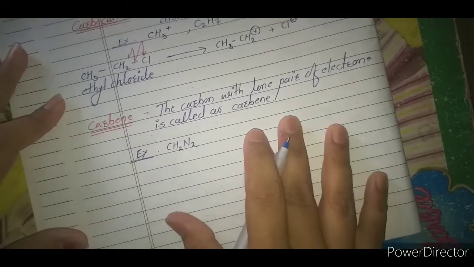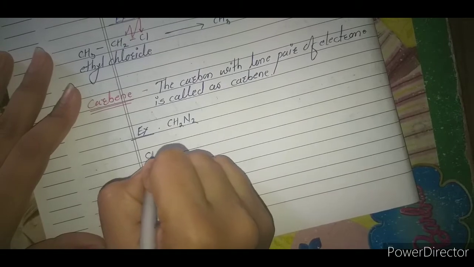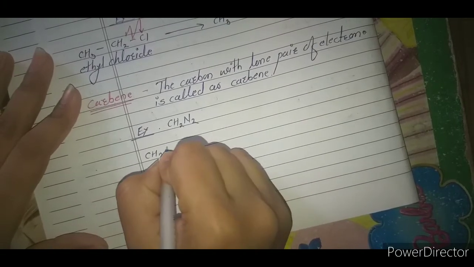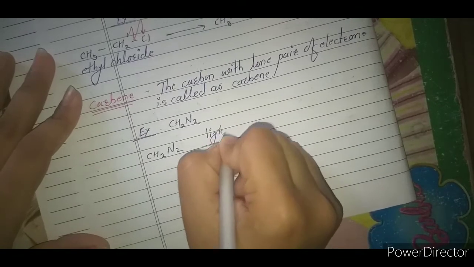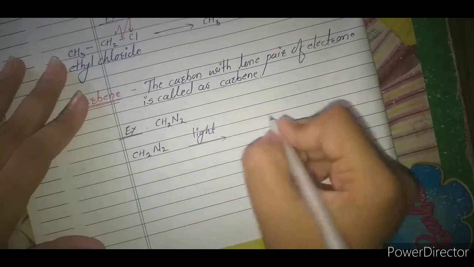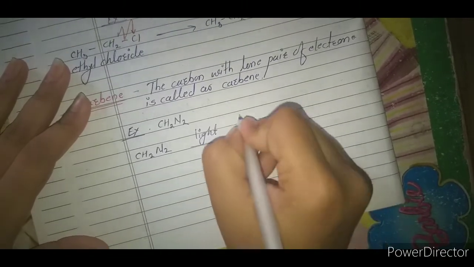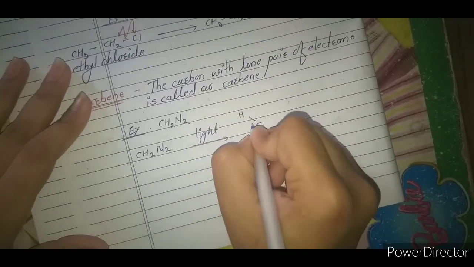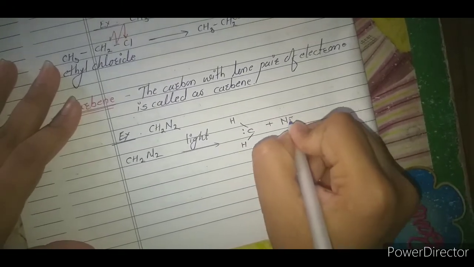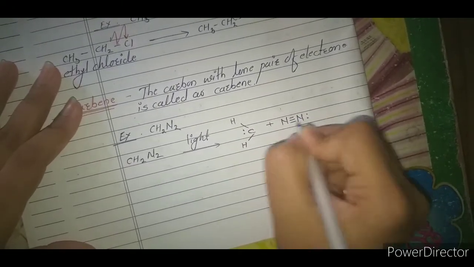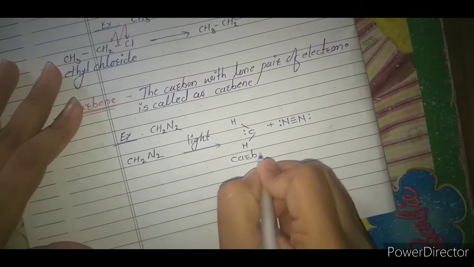CH2N2 is an example of a carbene. In the presence of light, CH2N2 forms this carbene molecule and nitrogen gas.